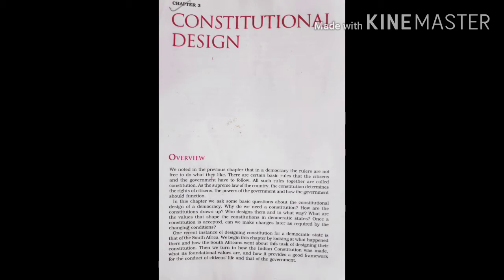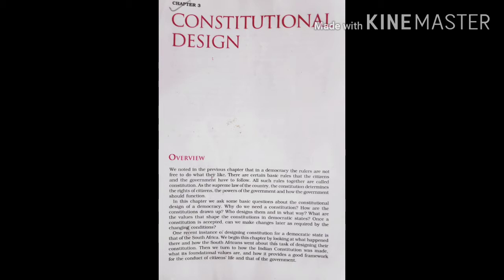There are certain basic rules that the citizens and the government have to follow. All such rules together are called constitution. As the supreme law of the country, the constitution determines the rights of citizens, the powers of the government, and how the government should function.